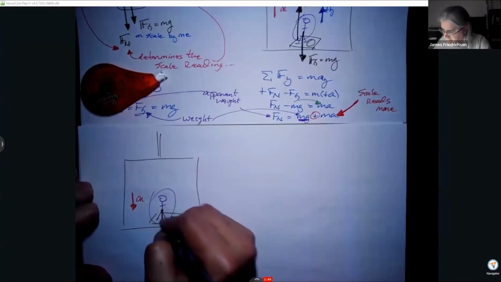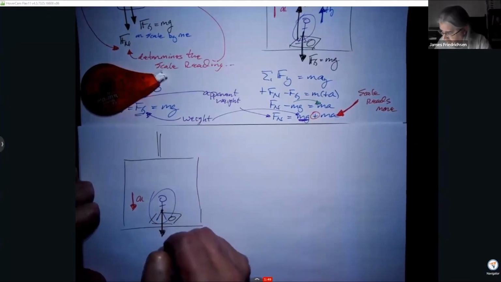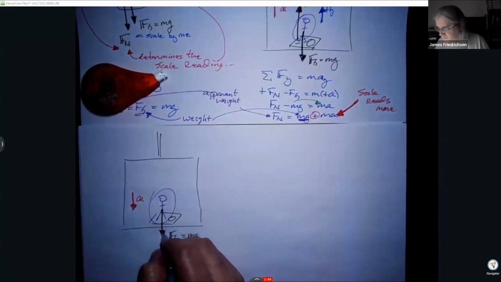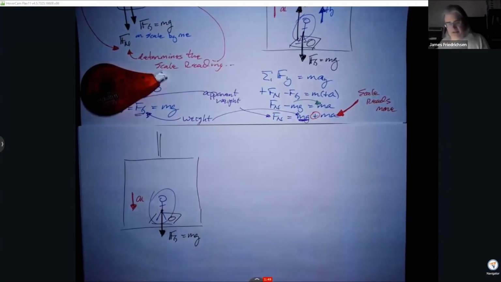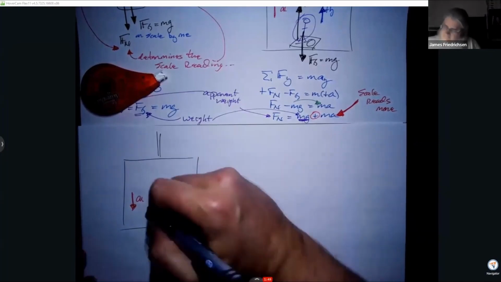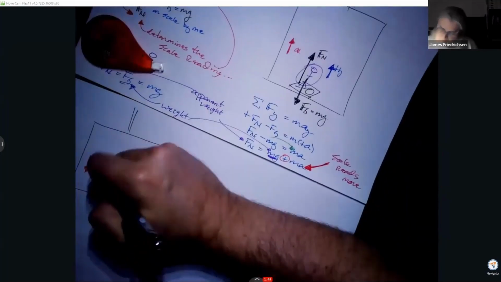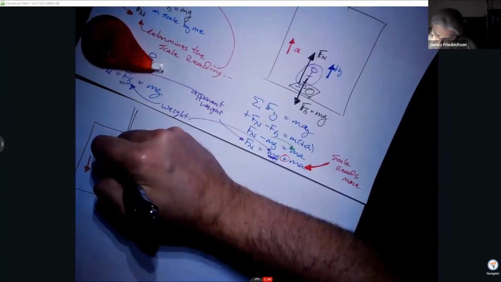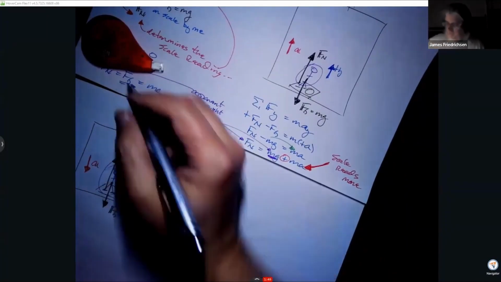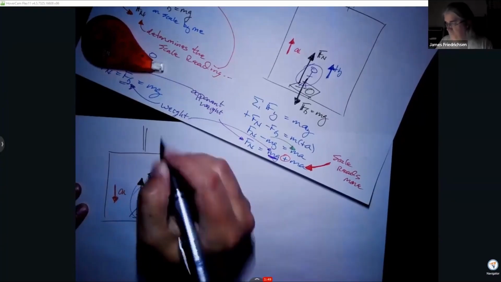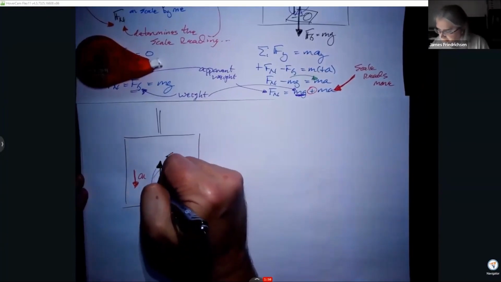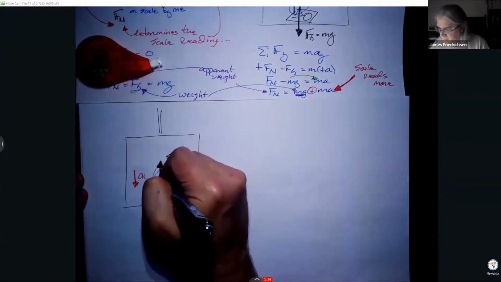We have our gravitational force, which is my mass times g, and of course is my weight. And then due to the contact between my feet and the scale, we will have our upward normal force, which is going to be my apparent weight. And that should be it because nothing else is in contact with me.